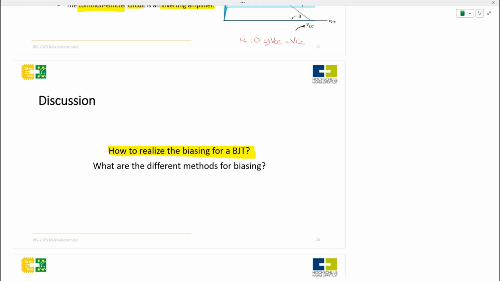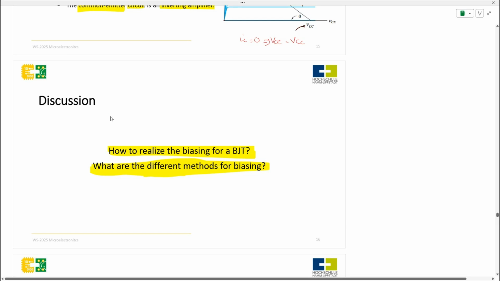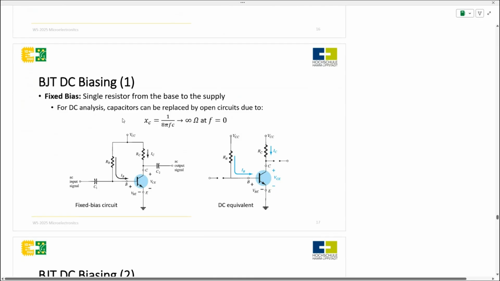And the second question is, what are the different methods for biasing? So we have first how to realize the biasing of a bipolar junction transistor, and the second question is, what are the different methods for doing so?